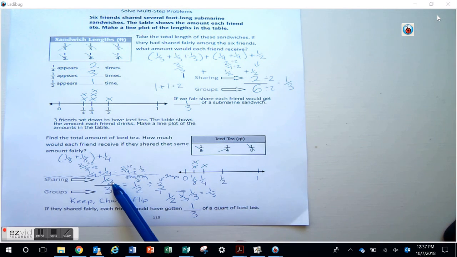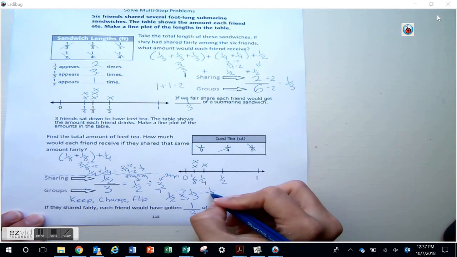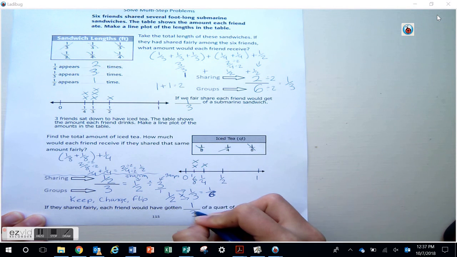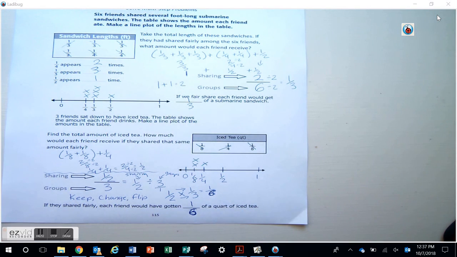Here we had 1/2 total quart of iced tea, and if we split that up among the 3 people, each person would end up with 1/6 of a quart of iced tea. Okay, thank you so much.